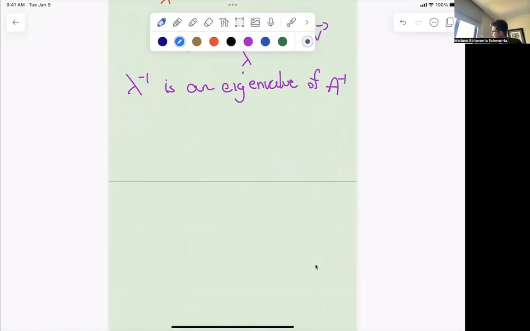I just don't want anything with weird numbers. Okay, let's do something like this. Let's see what happens if I do this.